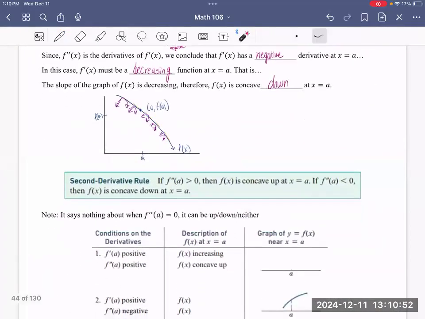So the second derivative just says, if the second derivative is positive, it's concave up. If your second derivative is negative, it's concave down. So positive, up; negative, down.